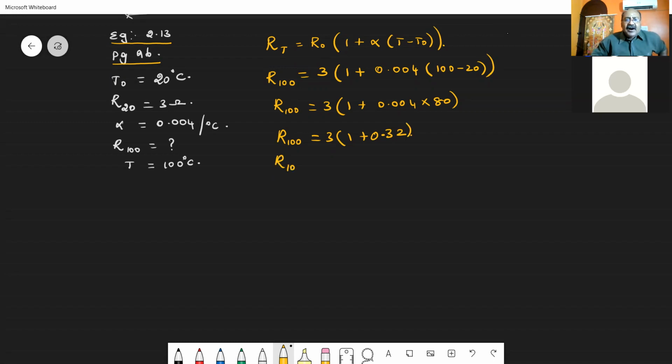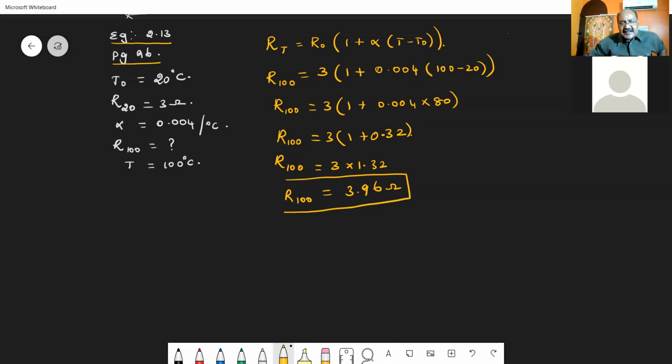So I can write R100 is equal to 3 into 1.32. Isn't it? Multiply it, you will be getting 3.96. So resistance at 100 degrees Celsius is equal to 3.96 ohm as the answer. Hope you have understood.